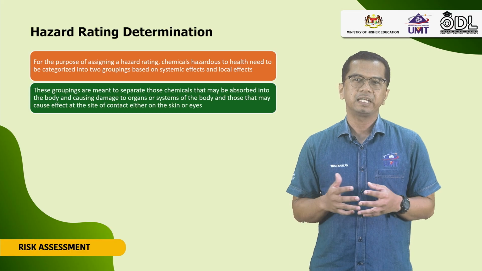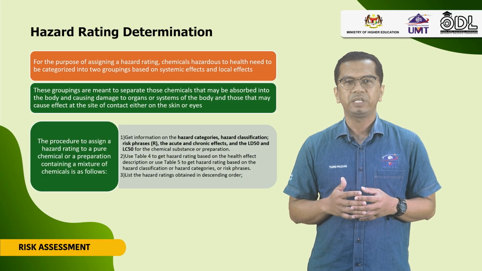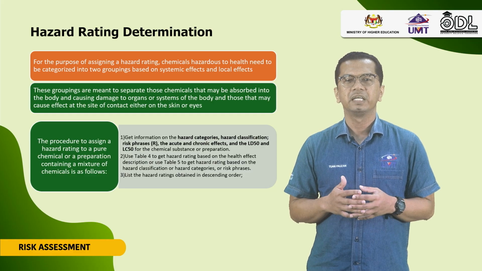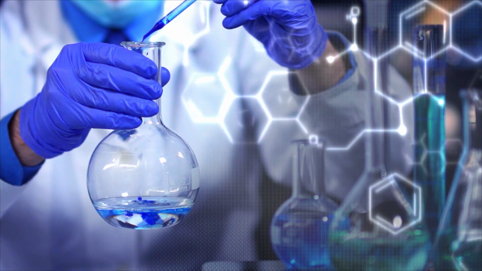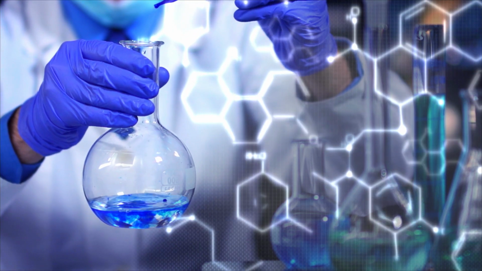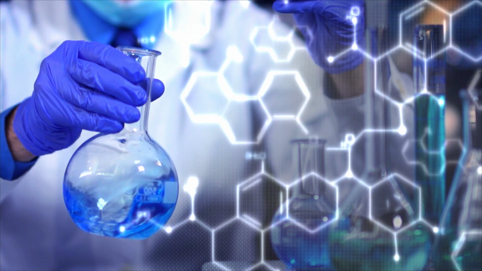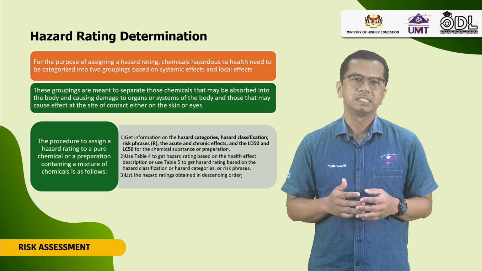Start by gathering information on hazard categories, risk factors, acute and chronic effects, and toxicity data like LD50 and LC50. Step 2. Use the appropriate tables to determine the rating based on either health effects or classifications. Then, rank the hazard rating from highest to lowest.